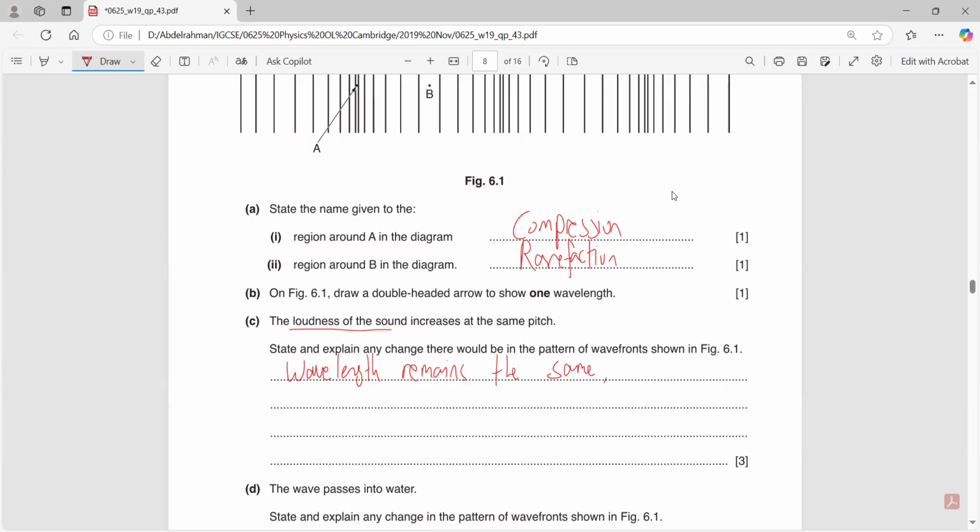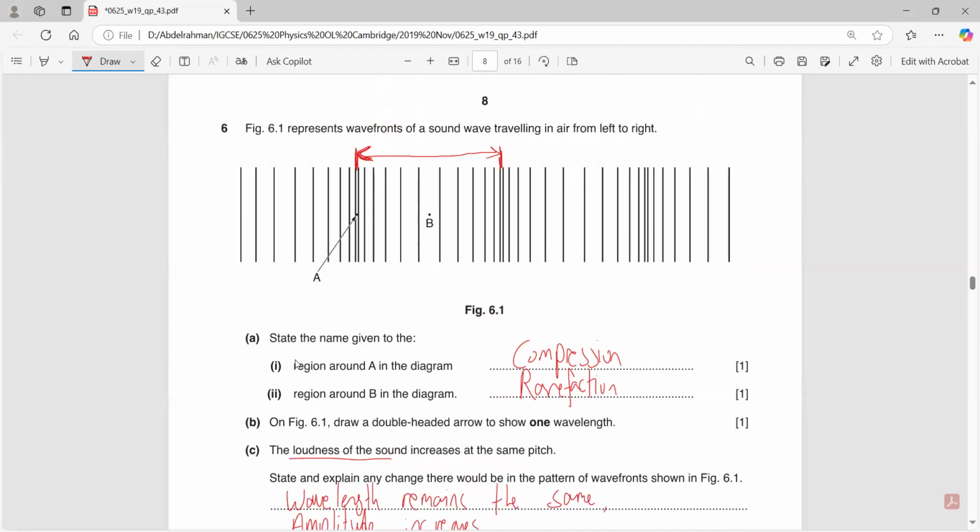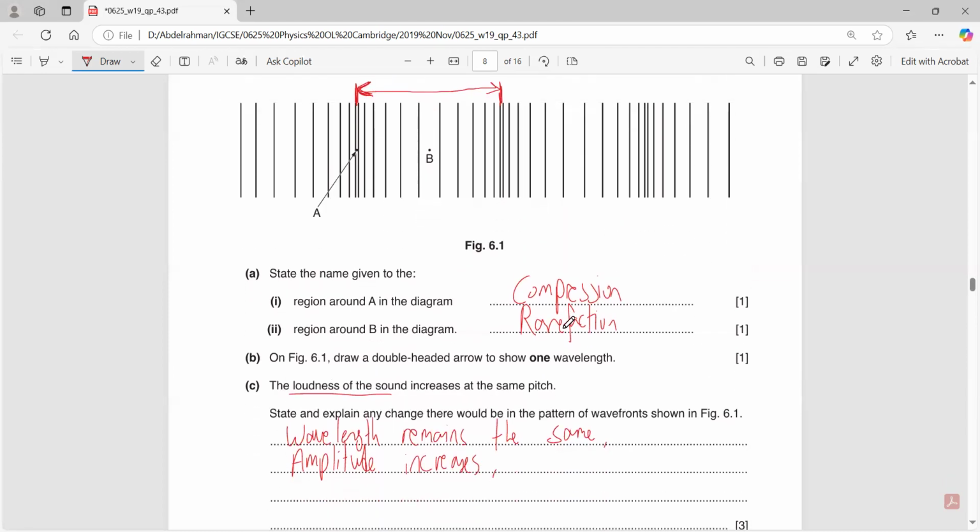The amplitude increases. And how can we show on this wave, this pattern of the compressions and the rarefactions, that the amplitude has increased with the same wavelength?